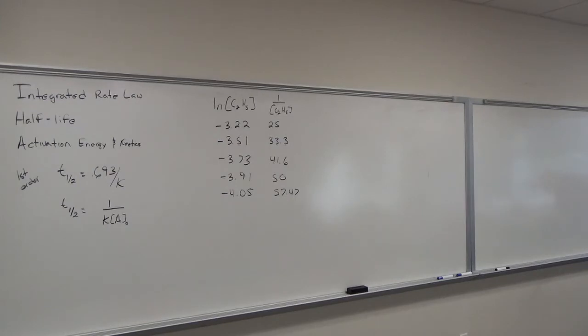So now, with our data from natural log, we can plot this. So at 0, we're dealing with negative 3.22. So that's roughly about right here, right? At 50, negative 3.51, which is roughly about right here.